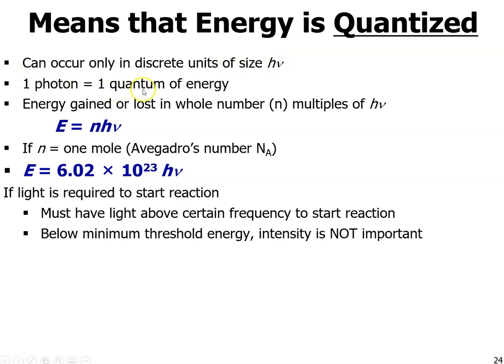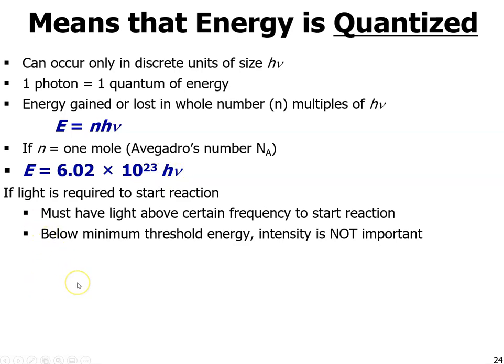One photon is equal to a quantum of energy, and again it's gained or lost by this ratio of the number, if this is a whole number digit, multiplied by Planck's constant and nu. So if n is 1 mole, that's Avogadro's number, that would mean the energy of a mole of those photons would be equal to 6.022 times 10 to the 23rd times Planck's constant times nu.